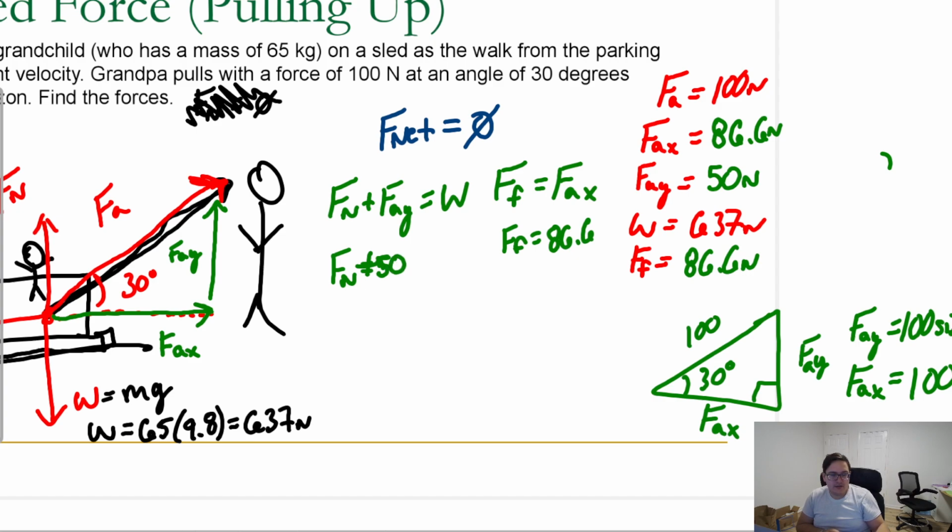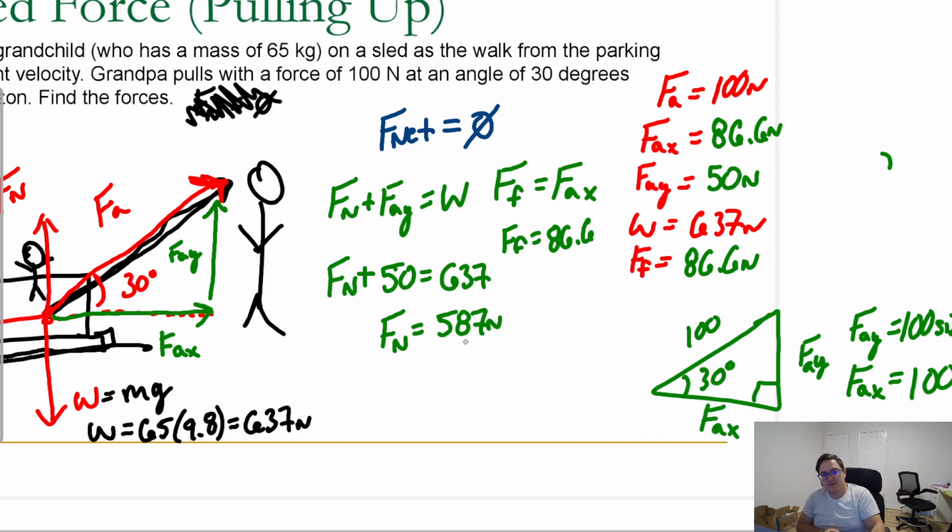Let's redo that. Force normal plus force applied in the y direction, 50 newtons, equals weight, which is 637. So force normal equals 637 minus 50, which is 587 newtons.